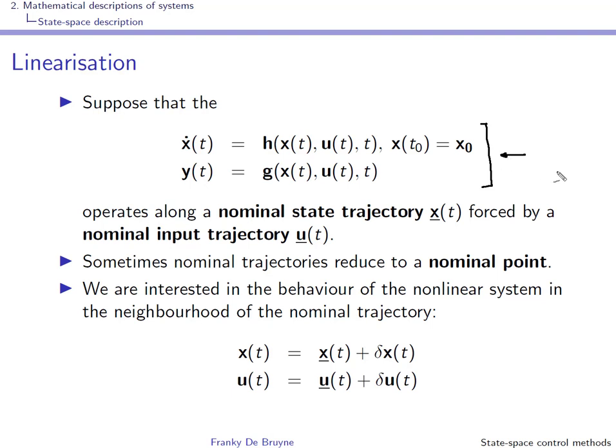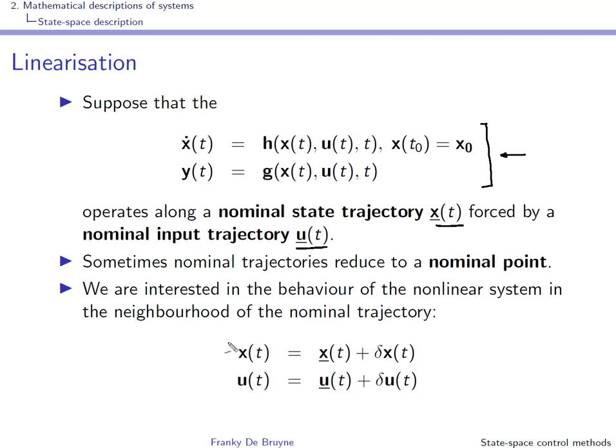Suppose that this non-linear system operates around a nominal state trajectory x bar, and that it is forced by a nominal input trajectory u bar. And we are interested in the behavior of this nonlinear system in the neighborhood of this nominal trajectory.